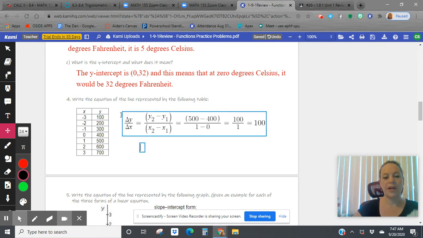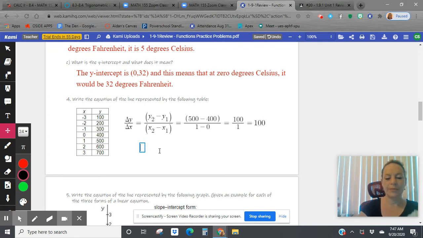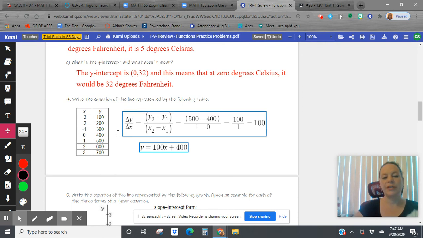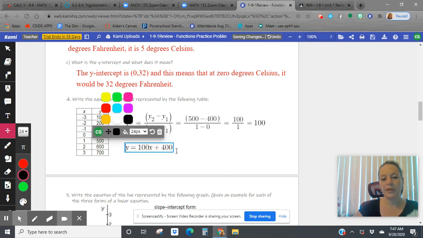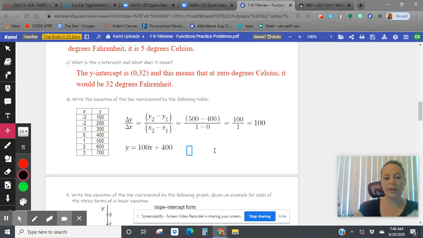The equation of a line, you can use any xy pair from over here. So for example, if I wanted to just say y equals 100x plus 400, this is me just using the slope and the y-intercept in mx plus b form. But let's say you didn't notice that y-intercept. You could go y minus any y pair.